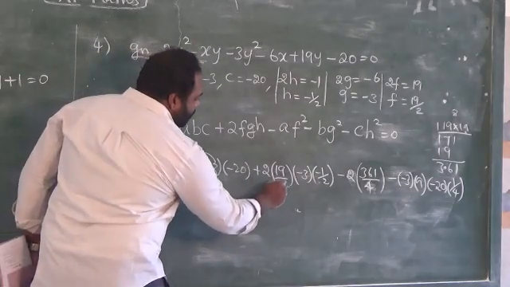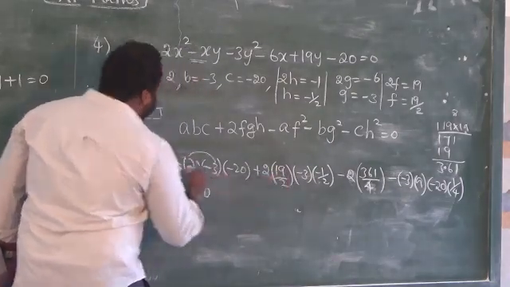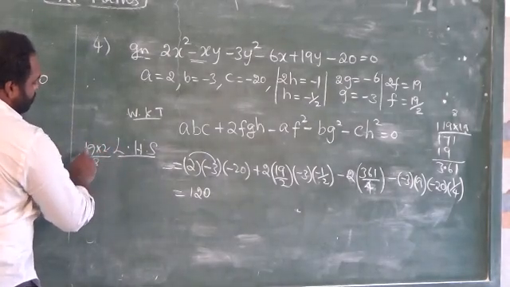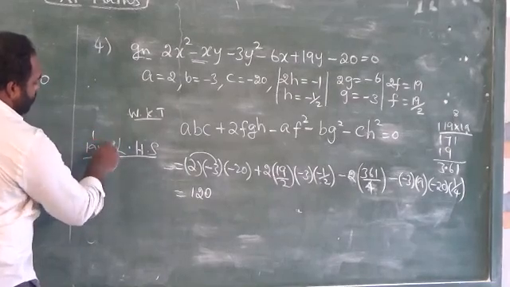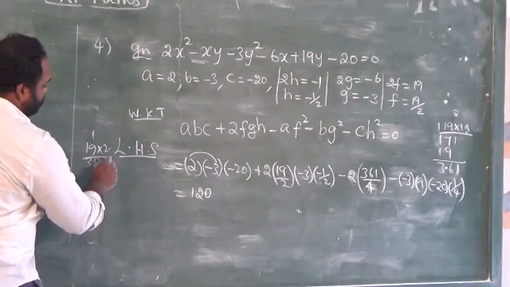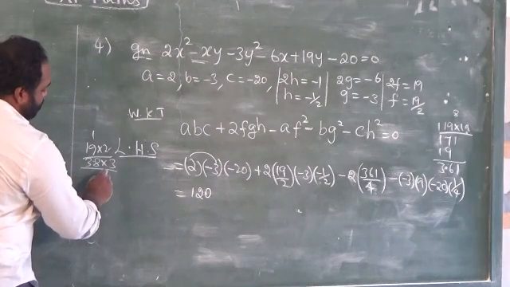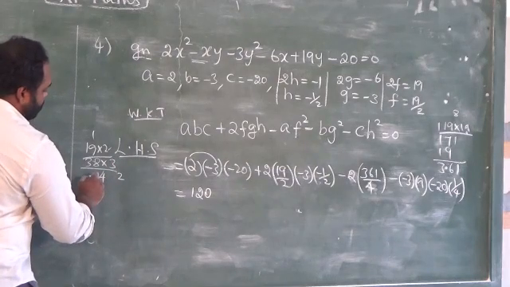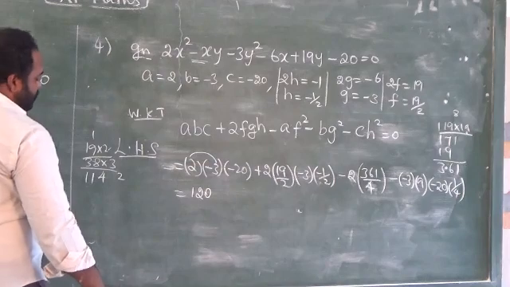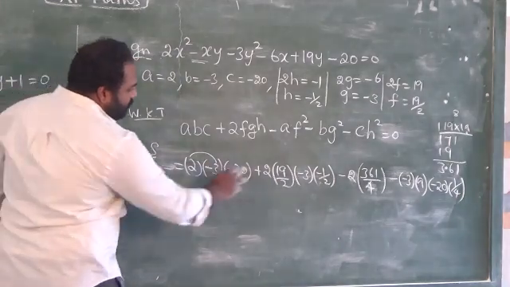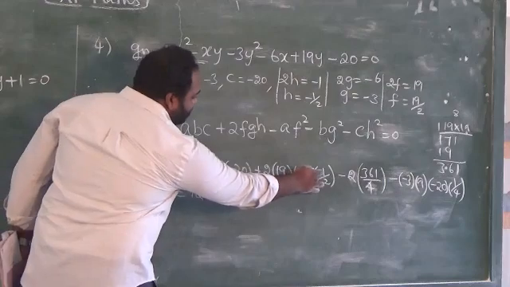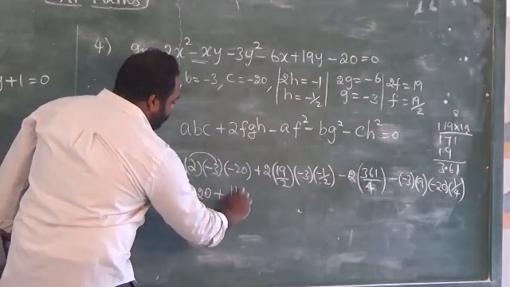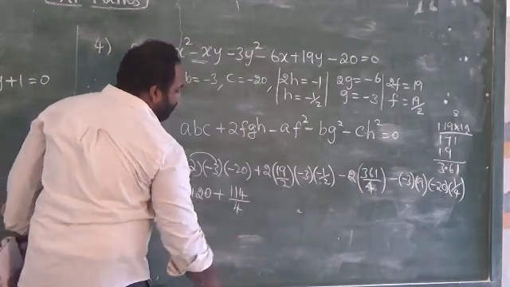Plus here we have 2 into 19 into 3 into minus 3 by 2, which gives 114, so plus value only will come. So it is 114 by 2 into 2, denominator 4.